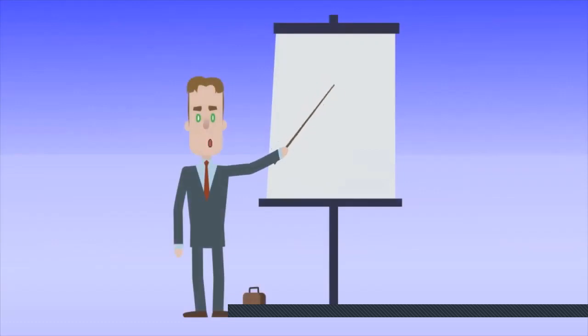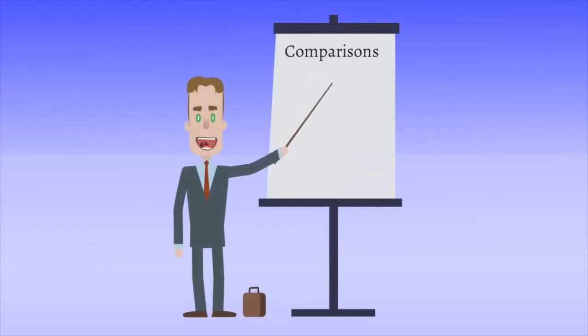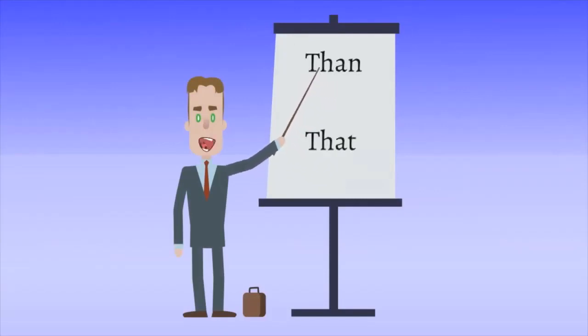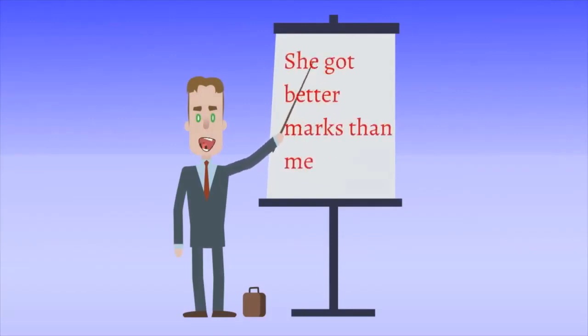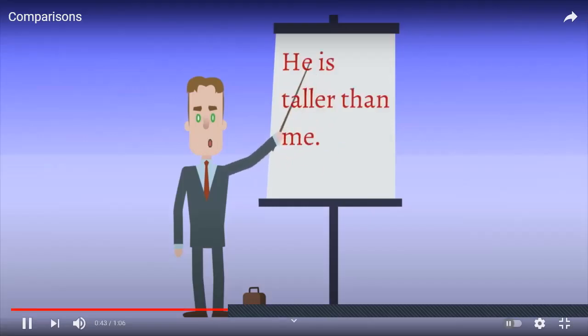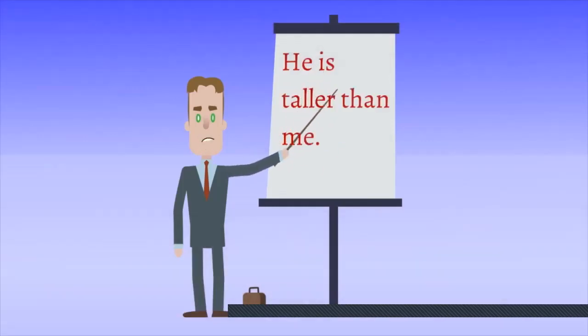Today we will learn about comparisons and how we can make a comparison in a sentence. Always remember to use "than" as a comparison form and not "that". That is a wrong sentence. For example, she got better marks than me. "Than" is the comparison. Like, he is taller than me.